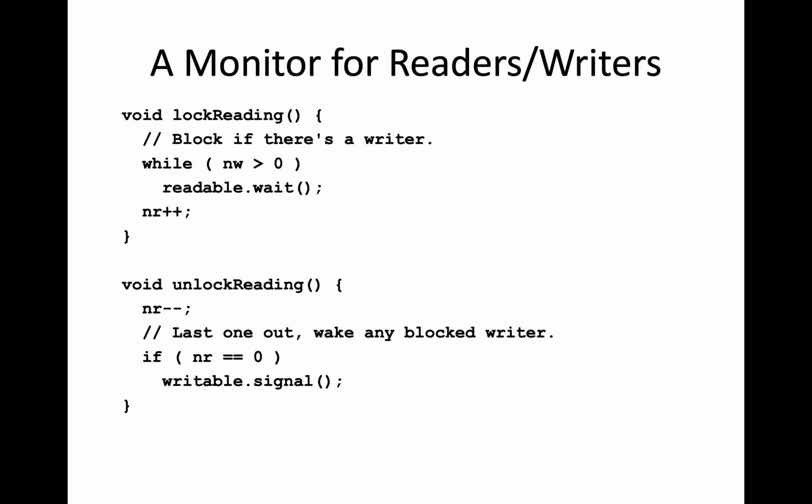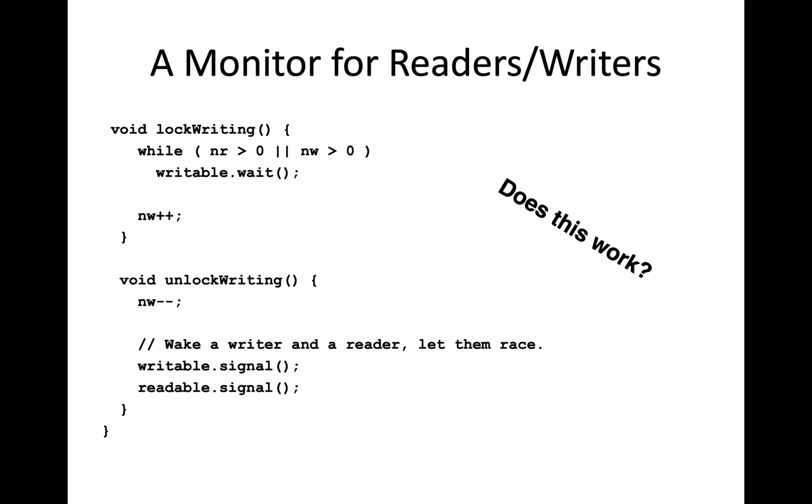And if you're going to let one reader have access, you might as well let them all have access, because it's okay for them to have concurrent access. So this would be better if we could do a broadcast, just wake up all readers. But we're not assuming that we have a broadcast in our pseudocode, so we'll have to get by without it. Fortunately, we already know a standard trick for getting around this.